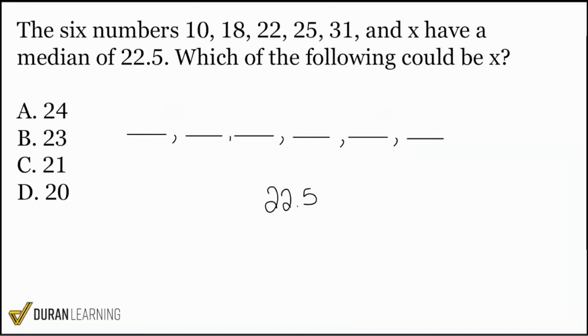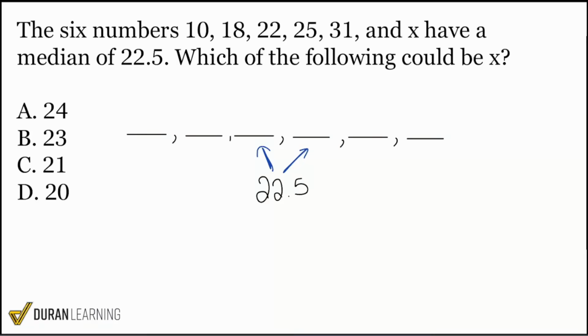And what we need to understand before we continue is that, hey, the way that we get to this number is going to be by taking the 2 numbers in the middle, right over here and right over there, and we find the average. That's how we would technically get there if we knew what all 6 numbers were.